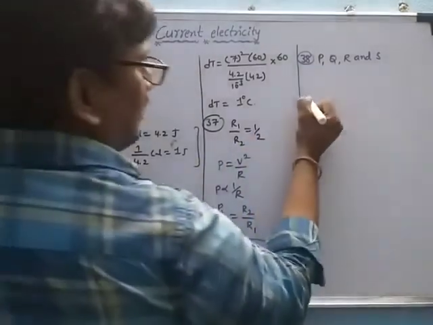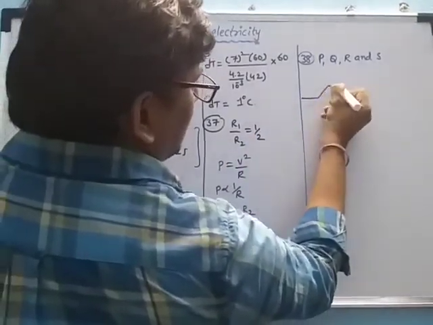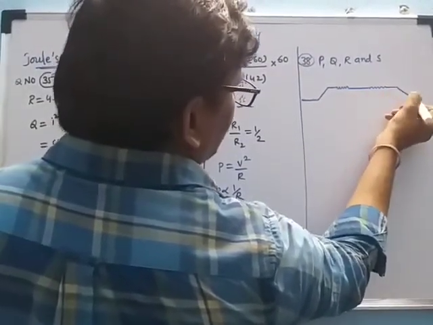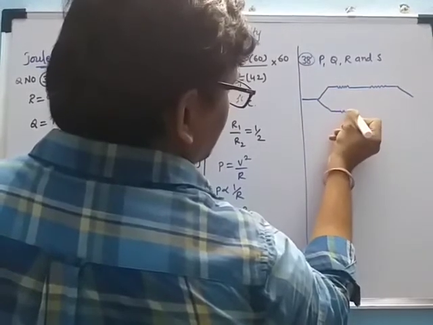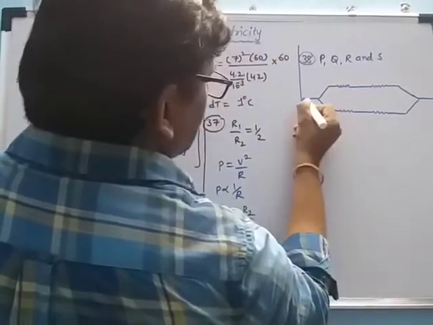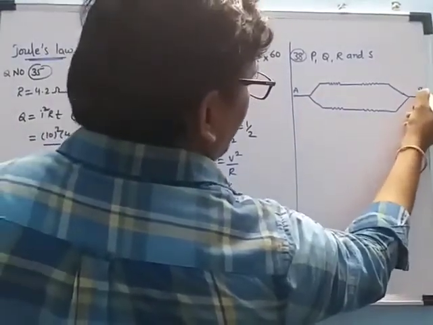Now here is given one circuit. See, this is a resistance and here also a resistance. Below there are also two resistances. This is the A point and this is the B point.